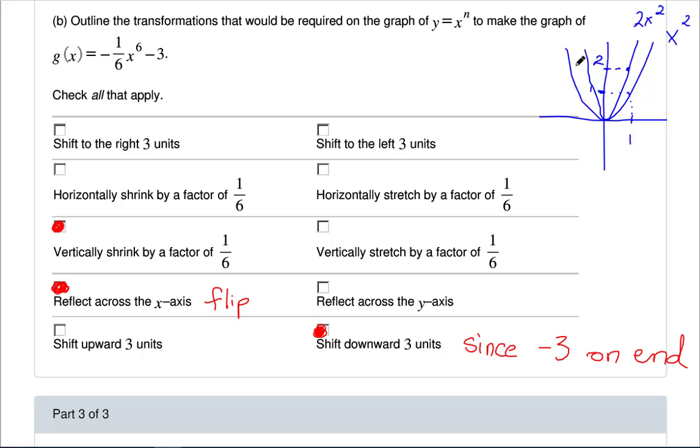So I'm trying to show you that if it's a 1 in the front, it looks normal. 2 stretches the graph upward. And so you can see if we looked at 1/2 x squared, it would shrink it down even lower. And so this 1/2 is a vertical shrink. Okay.